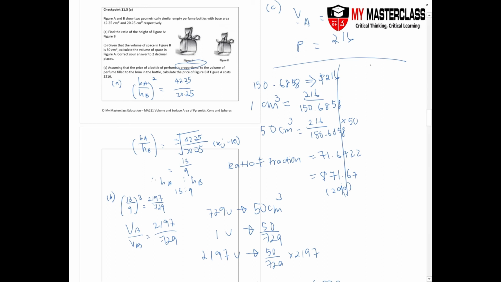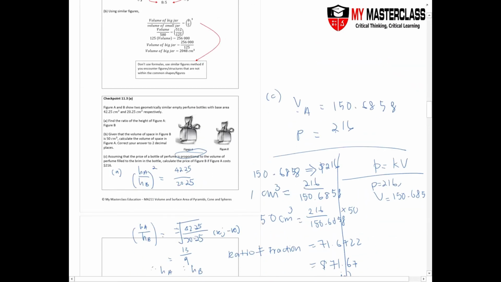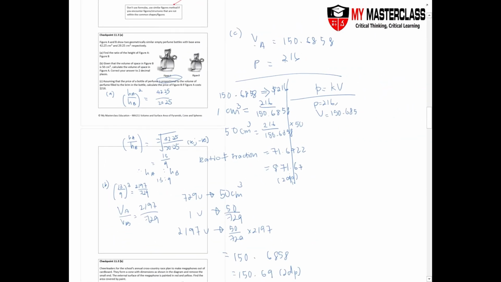Whereas let's see the other method. You will form an equation P equals KV, where K is a constant. So when P is 216, volume is 150.6858. So 216 equals K times 150.6858, of which K equals 1.433456.